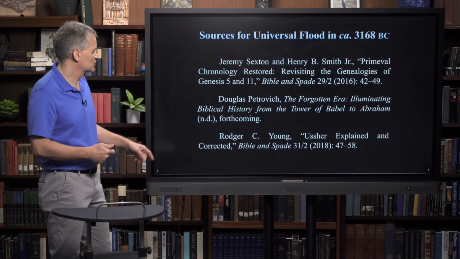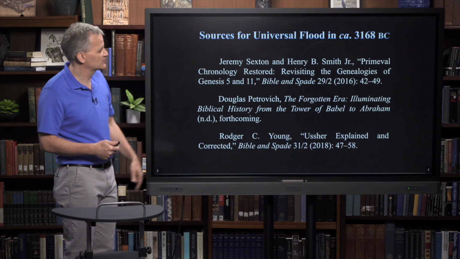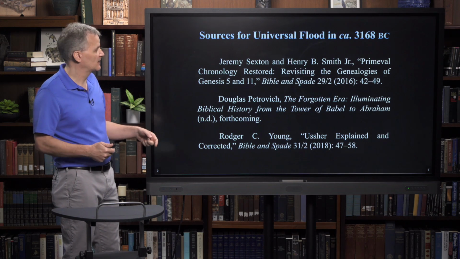And actually the work of an Adventist who's now deceased, in the 20th century, Edwin Thiele, essentially supplanted and corrected all of the mistakes of Usher. It introduced a new framework for understanding chronology, and Thiele's work was far beyond what anyone has ever done in chronology. So that's an important source, Roger Young's article that refers to the work of Edwin Thiele.